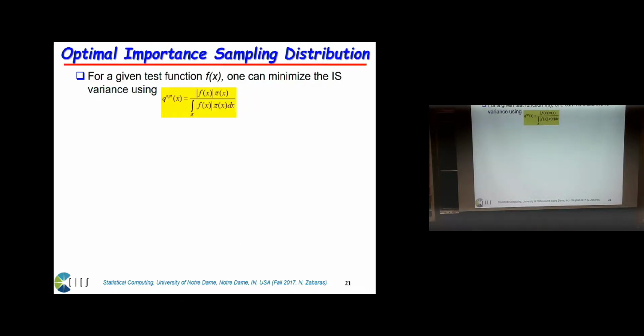Actually, I can tell you first what the answer is going to be. This is the optimal Q that minimizes the variance of the estimator. We were taking integrals of f, so the optimal Q is the absolute value of f times pi, divided by the integral over the whole support of the absolute value of f times pi, the normalization factor.